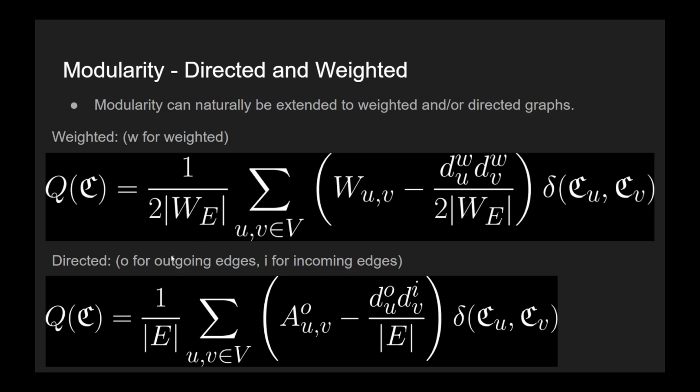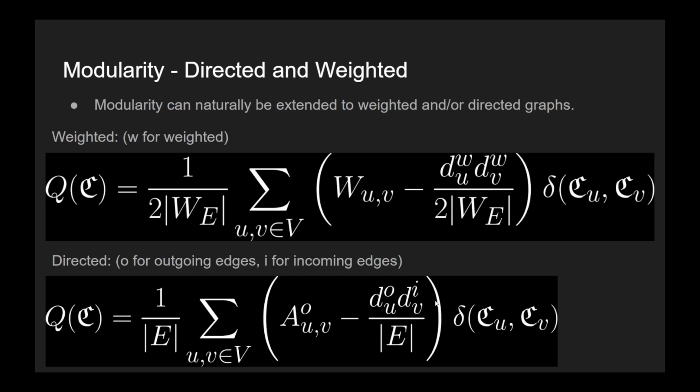For directed, you're going to have directionality incorporated. So the adjacency matrix is going to be now based on outgoing edges, which is what this O is for. And the degrees are going to be based on outgoing links and incoming links.